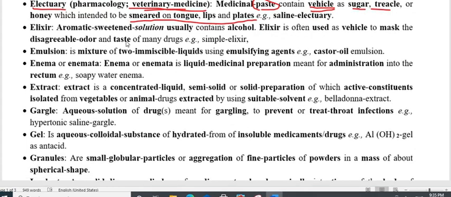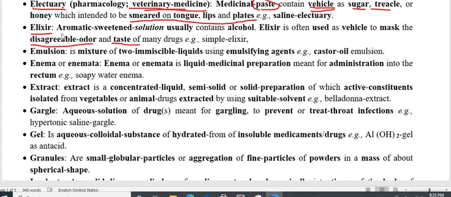Now we have to go through another dosage form, elixir. So what is elixir? Elixir is used to mask disagreeable odor, or you can say not acceptable odor or not acceptable taste.